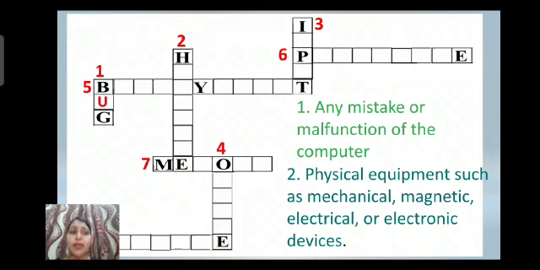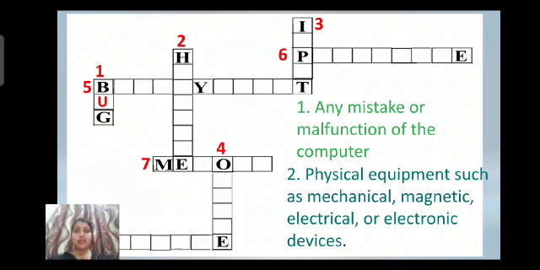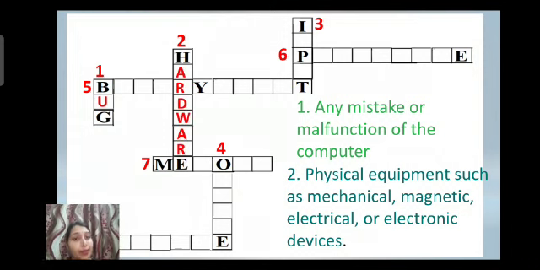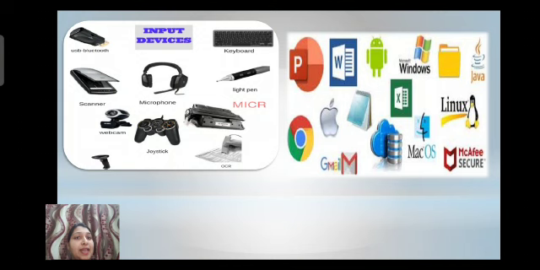Physical equipment such as mechanical, magnetic, electronic or electrical devices, any devices of the computer that we can touch. What do we call them? Of course, we all call them hardware. Okay, so in this manner you have to fill in hardware. Right? Moving on to the next.